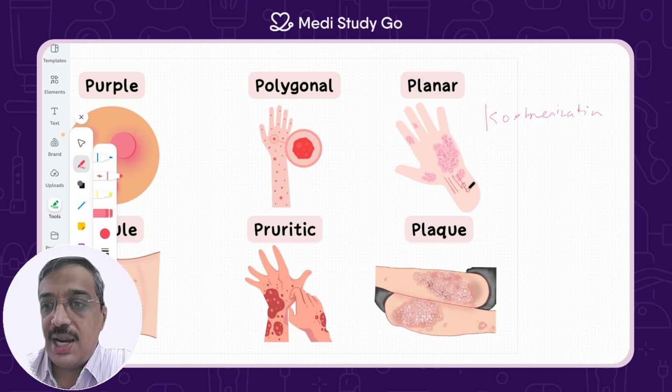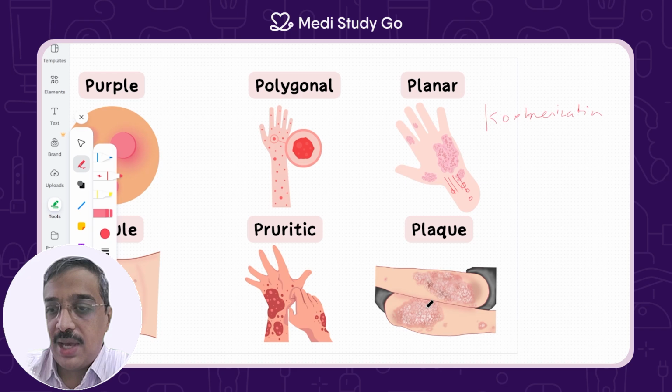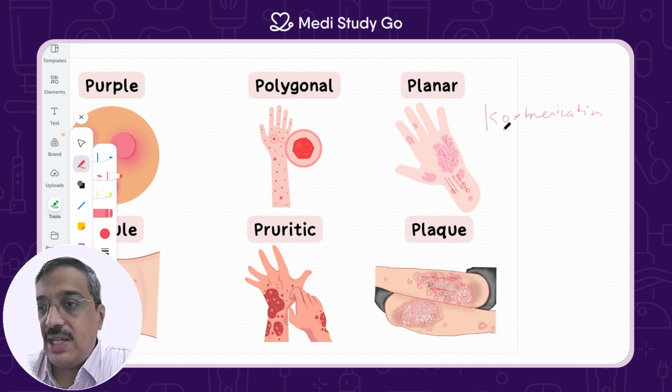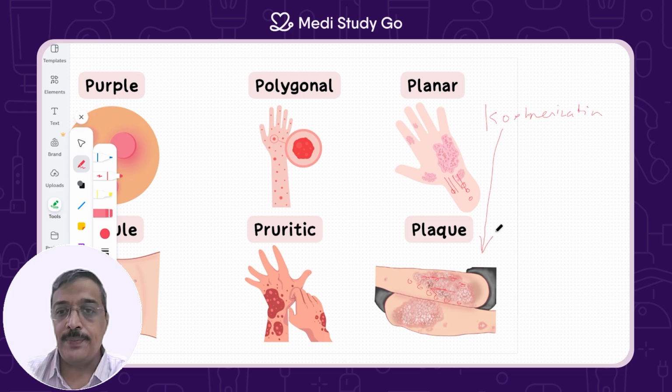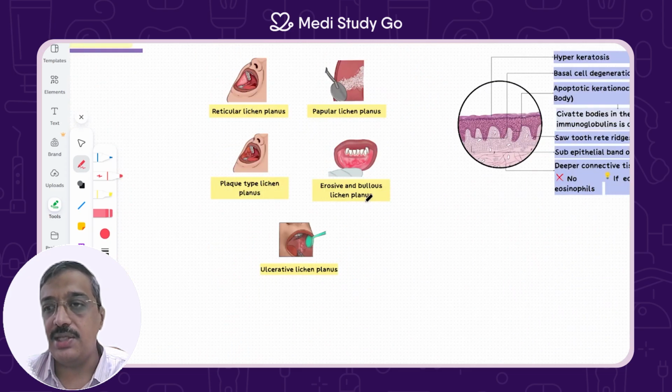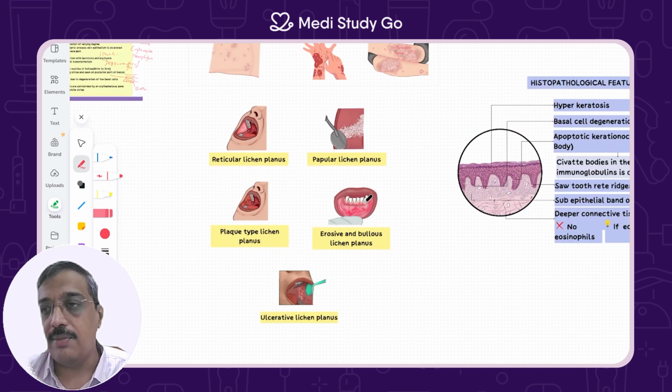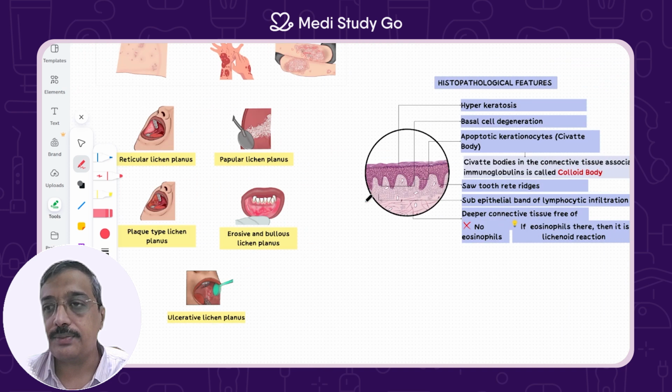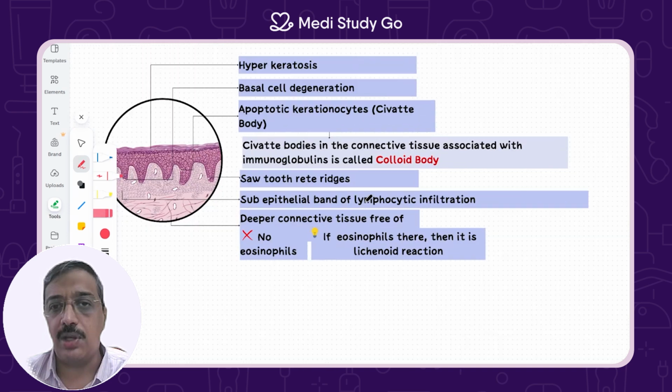The lesions will start developing in that particular direction. As you see here, the lesions are developing on the extensor surfaces of the elbow, and it spreads in this direction. This direction associated with trauma is called Koebnerization. And it is a characteristic feature you will see, with lesions developing on the shin of the individual. So let's quickly look at the histopathology.